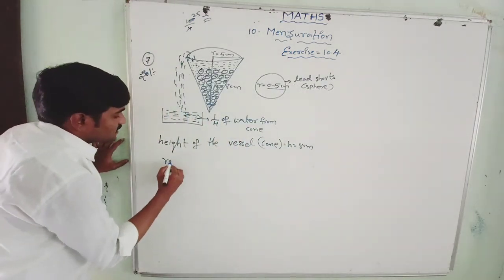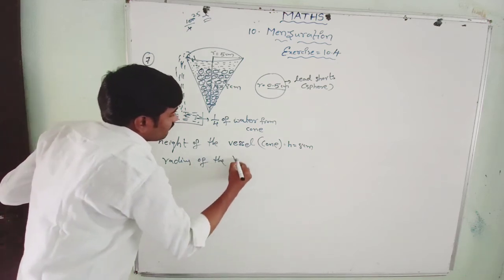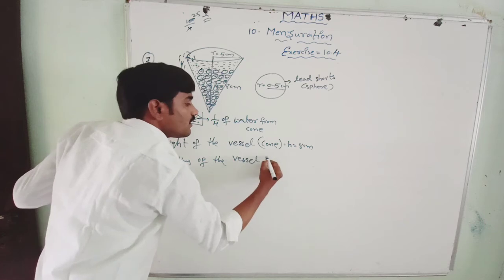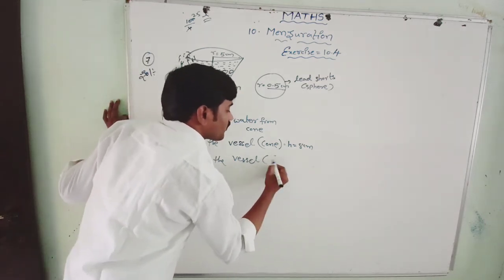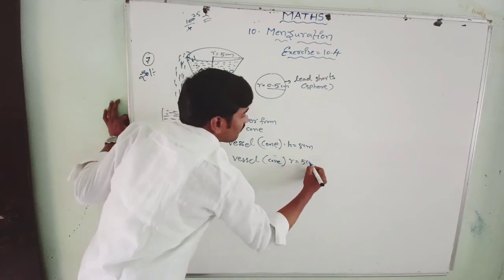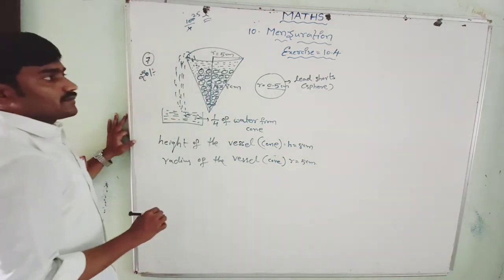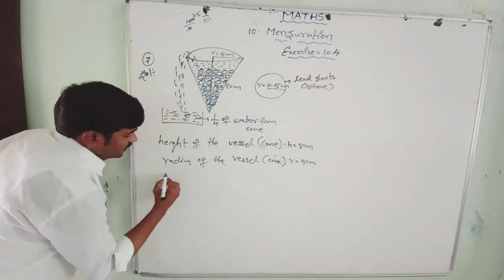And the radius of the vessel, అంటే పాత్ర, r equal to 5 centimeters, since the vessel is in the shape of a cone. Finished. Then the radius of the lead shots is also given.